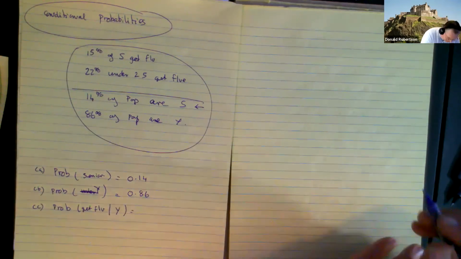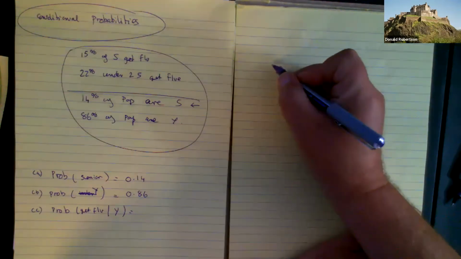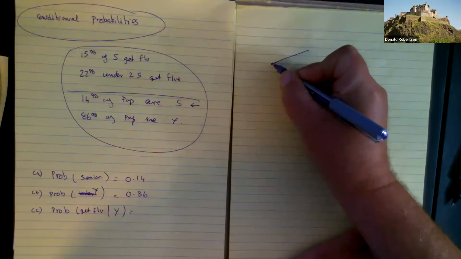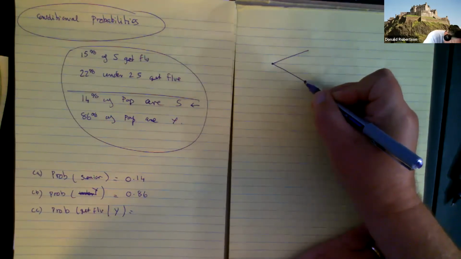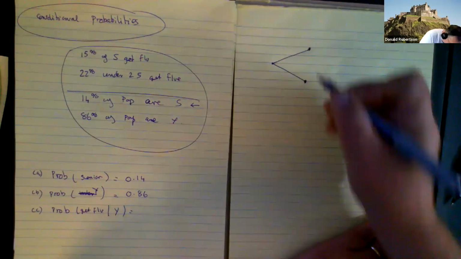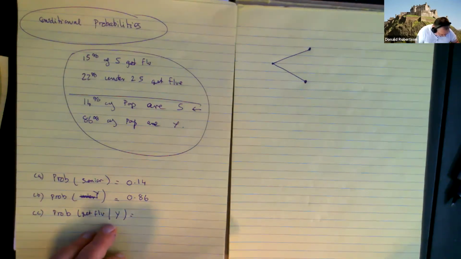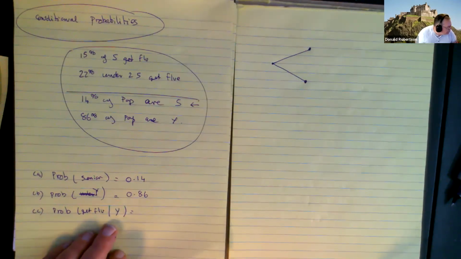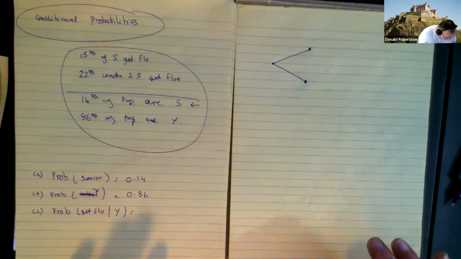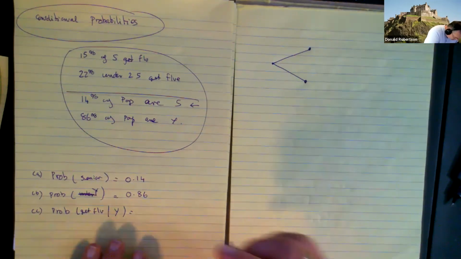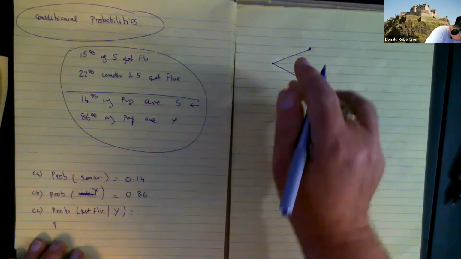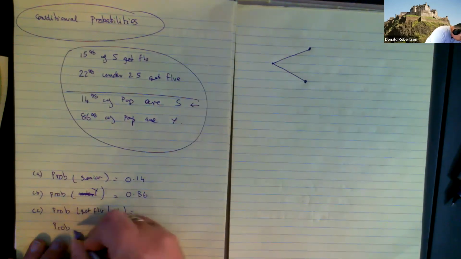I'm going to create a probability tree to help me do this. Actually, I can do that. There are two ways to do that. Which way am I going? Well, I could do it that way. I'm just thinking of another way of doing it.